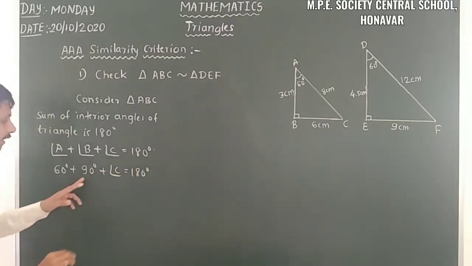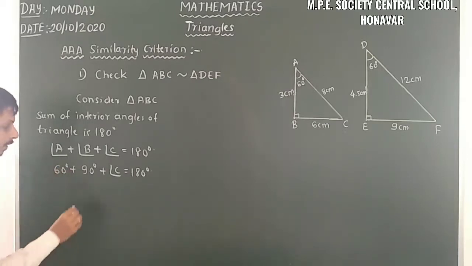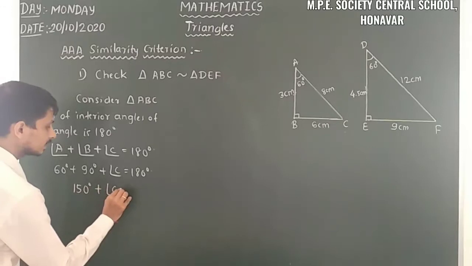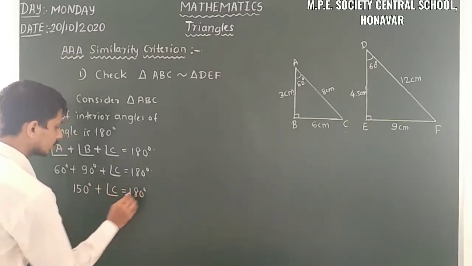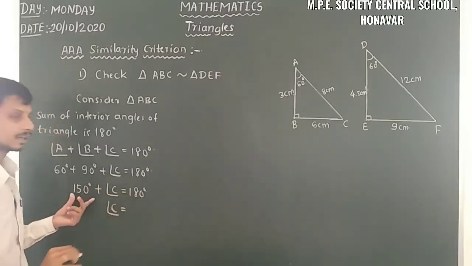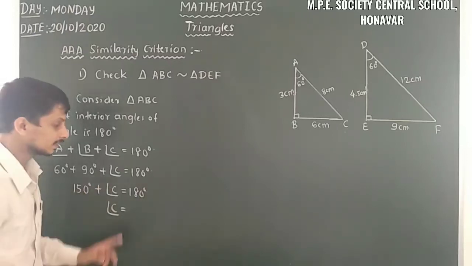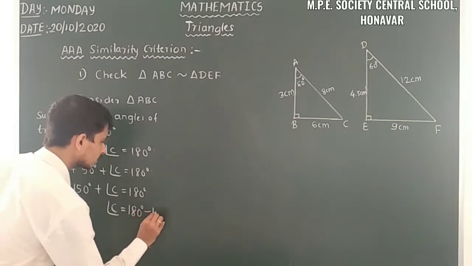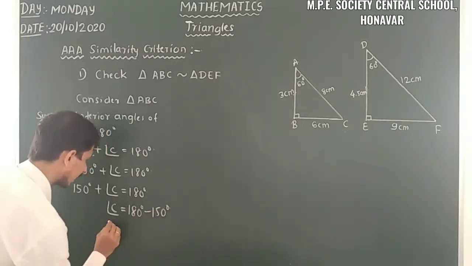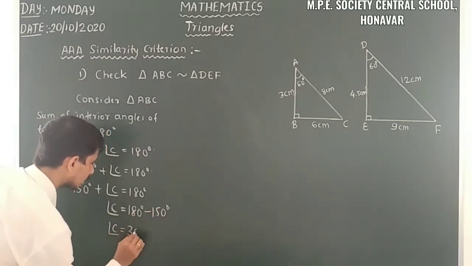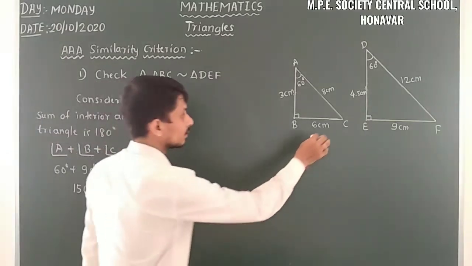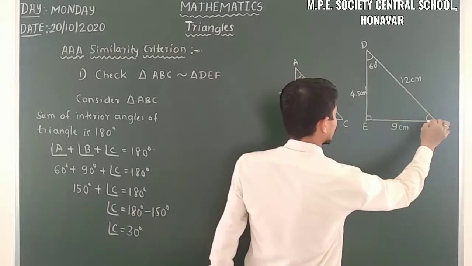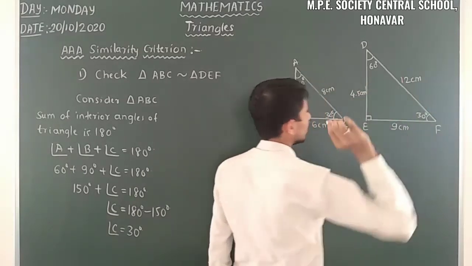Then 60 plus 90 is 150 degrees, plus angle C is equal to 180 degrees. Transposing 150 to the RHS, it becomes minus 150, that is 180 degrees minus 150 degrees, so angle C is equal to 30 degrees. Here we have 30 degrees; we can take it here also.